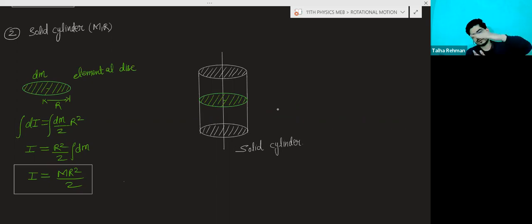If you put small disks one over another, you will get a solid cylinder.